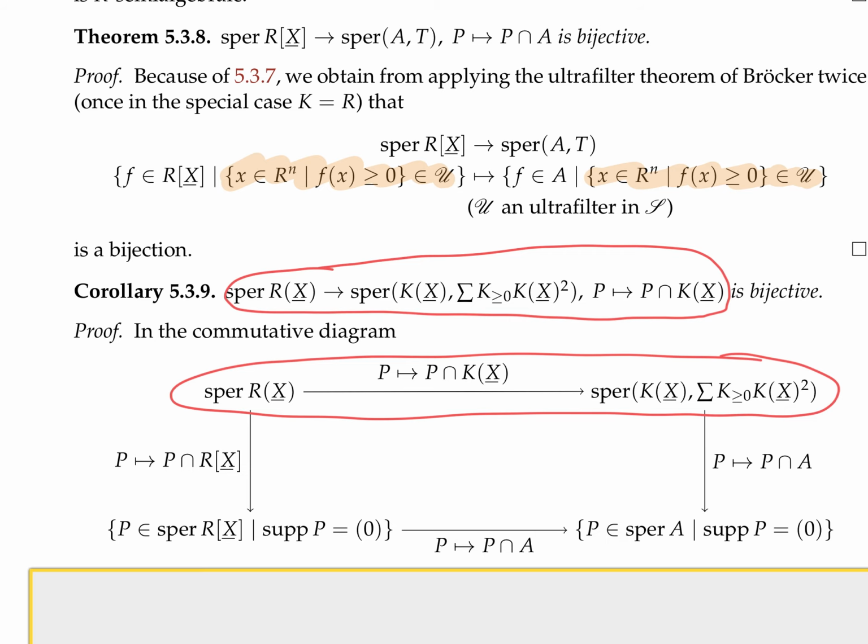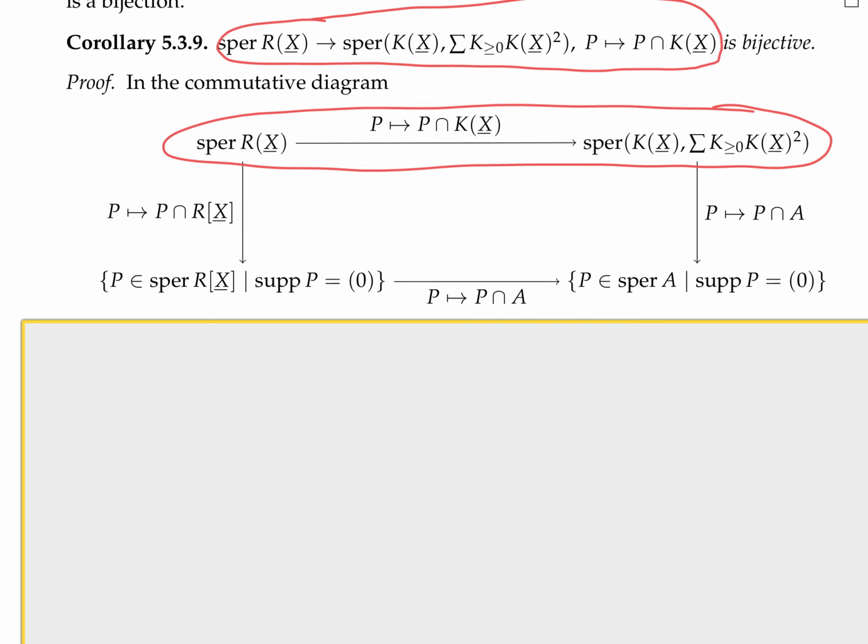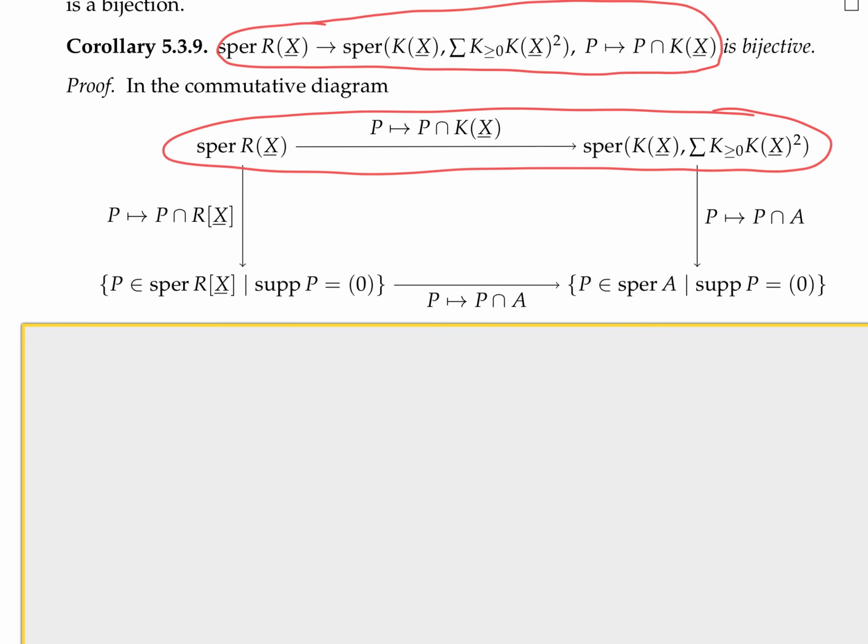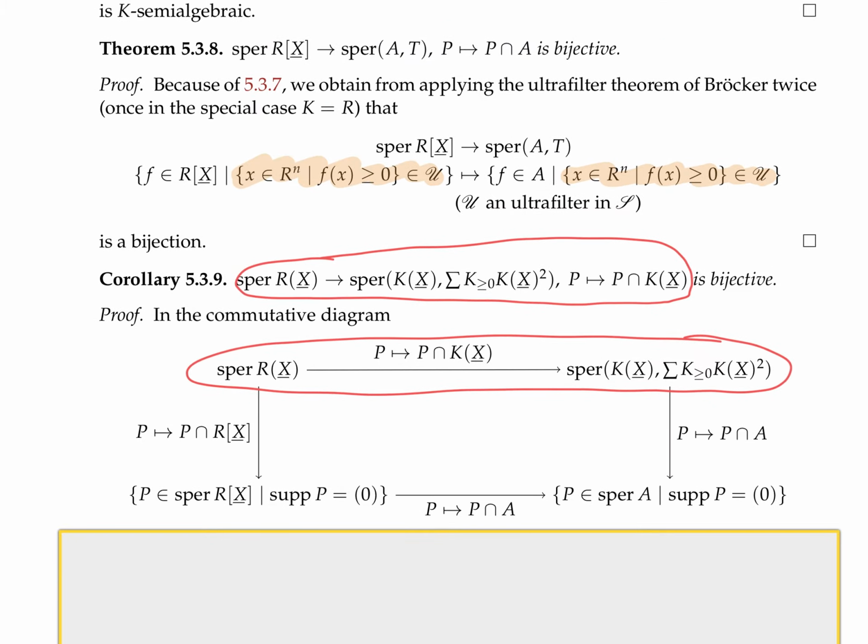And then I have the downward arrows. Okay, so when I look at this map here, okay, maybe let me draw this in blue. This map here, of which I know already that it is bijective, right?